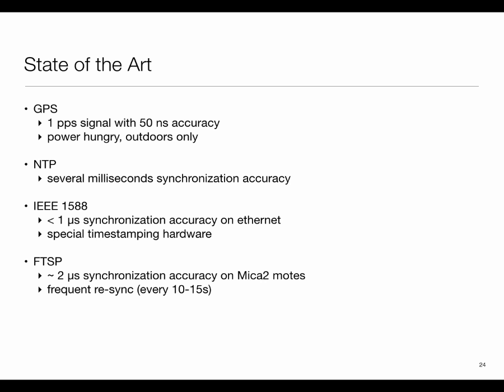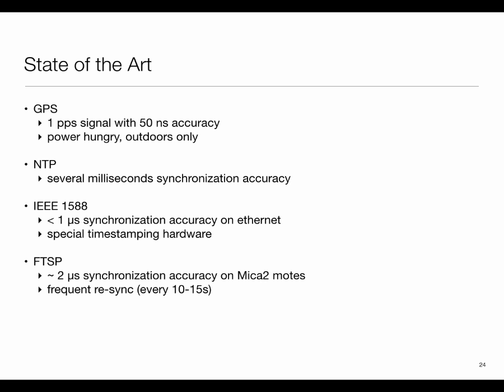If you have good visibility into satellites and power is not so much of an issue, you can get nanoseconds anywhere on the planet. Sometimes for indoors, what people do is they put a GPS antenna outside and then run a coax cable and retransmit the signal indoors. So you could do that.